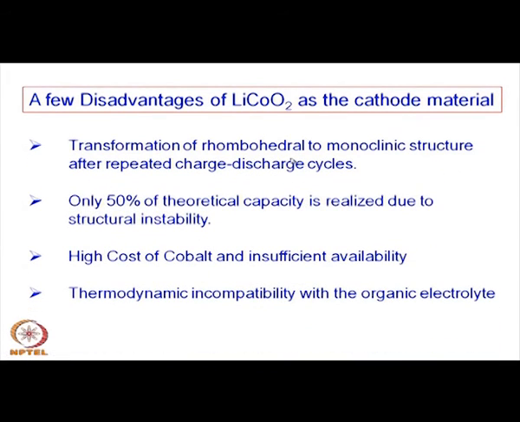A few of the disadvantages are like this: transformation of rhombohedral to monoclinic structure after repeated charge discharge cycles. So, as we intercalate and deintercalate lithium a large number of times, slowly the structure gets distorted, and there is a change from the layered structure of rhombohedral symmetry to a monoclinic symmetry.